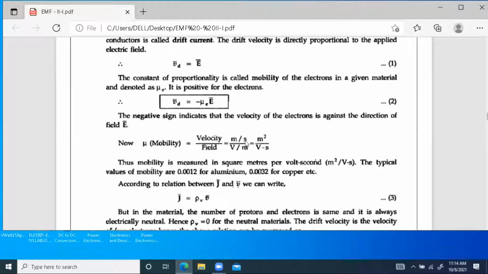Velocity is meters per second. Field is volts per meter. So mobility is in meter squared per volt second.